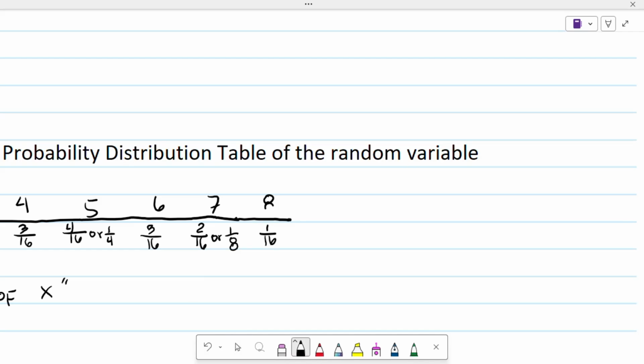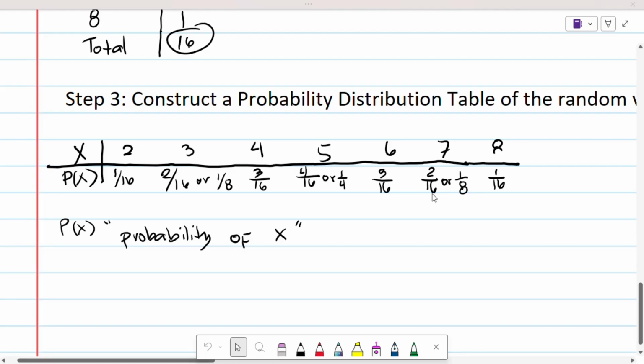This is what a probability distribution table looks like when we perform a random experiment rolling a tetrahedron dice twice. So basically, we are just assigning a probability to our random variable x. So the probability of getting a sum of 2 is 1 over 16. The probability of getting a sum of 3 is 1 over 8.